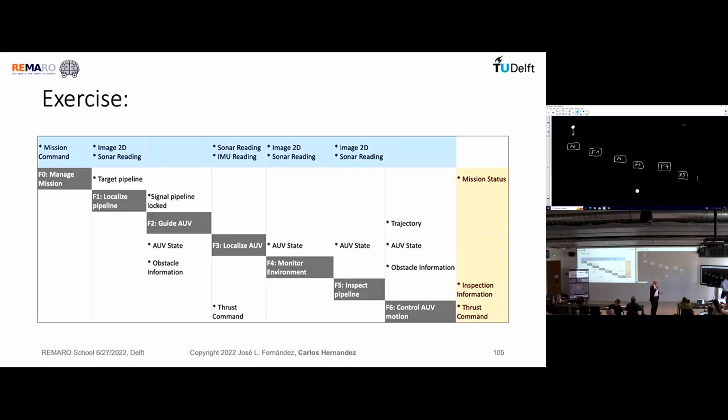To be the first one, you have to have inputs only from the outside. F0 is a candidate. These are rules, very guidelines. Important, not mandatory, but they help the engineer. F0 only has one input, mission command. So F0 has input from the outside. F0 is a candidate to be the first.